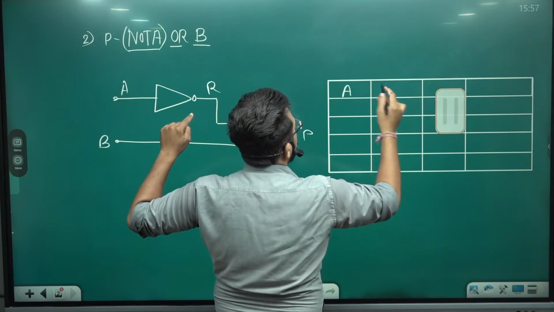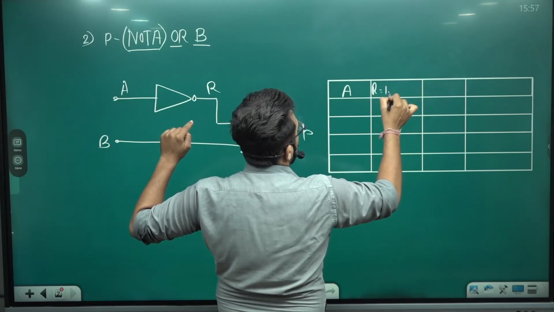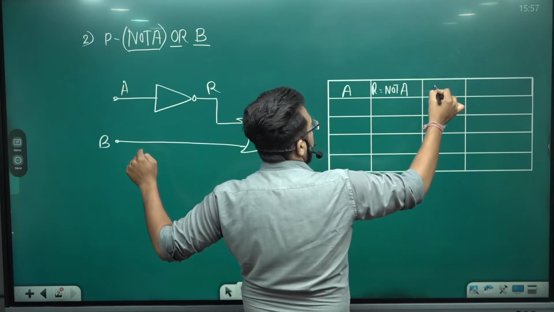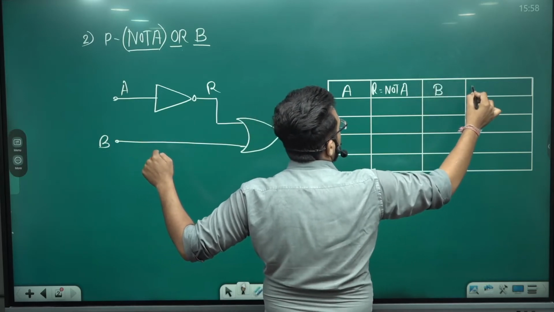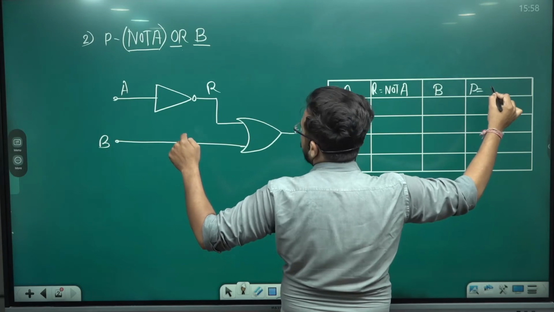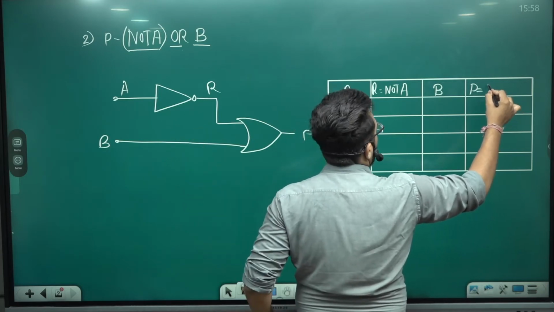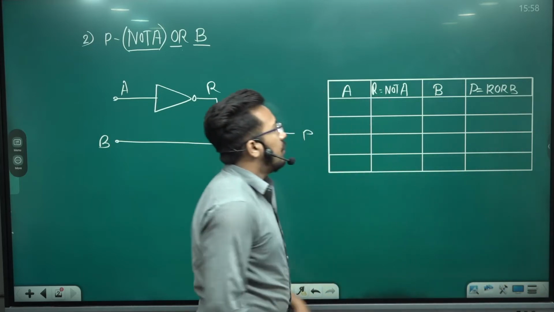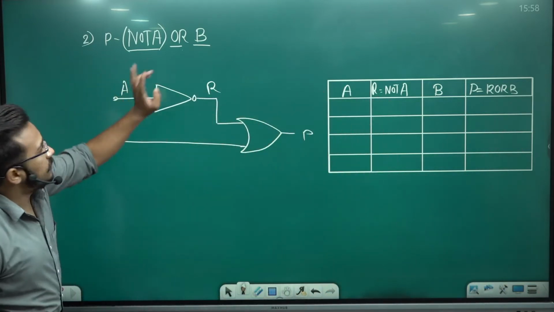Or you can simply say R is equal to not A. Okay, then here P, and here P is equal to R or P. Okay, good. Or you can simply write the whole statement. Okay, good.